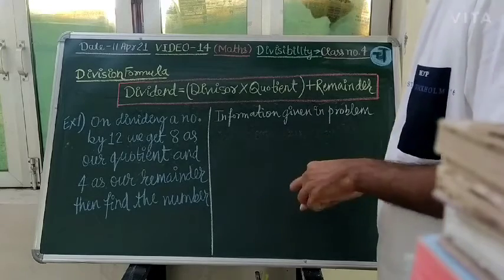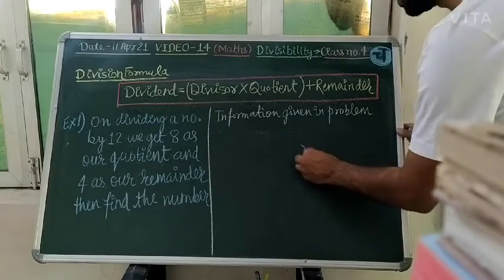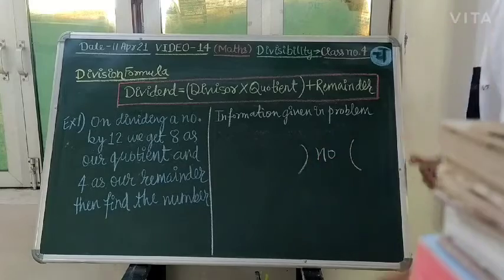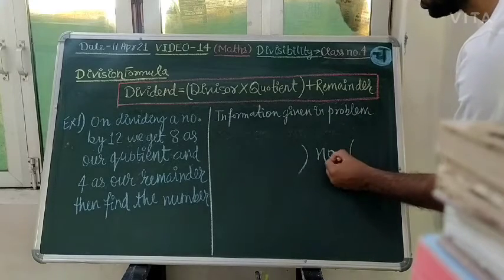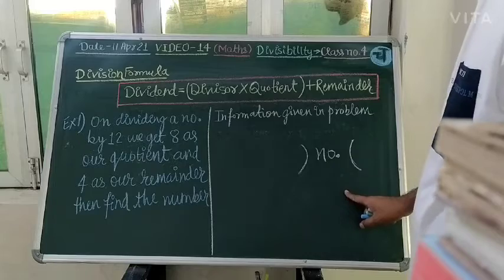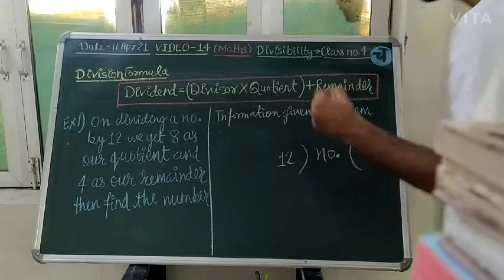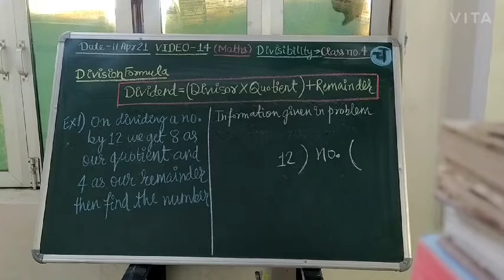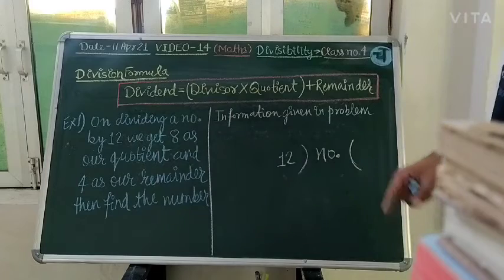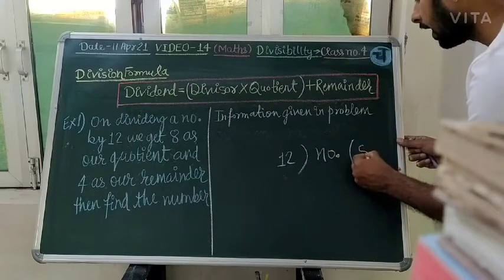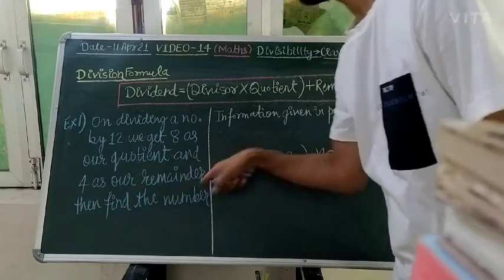The problem says that on dividing a number, a number we don't know, by 12, we get 8 as our quotient and 4 as our remainder.